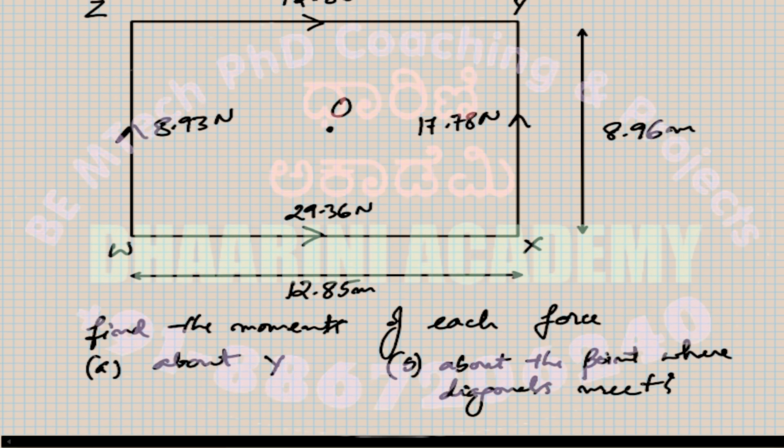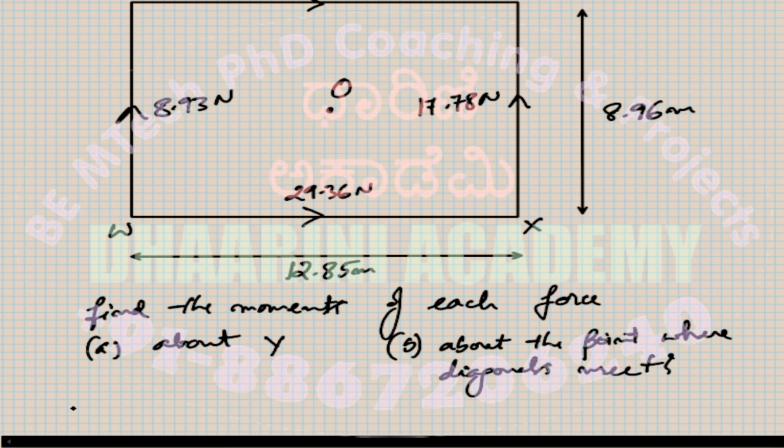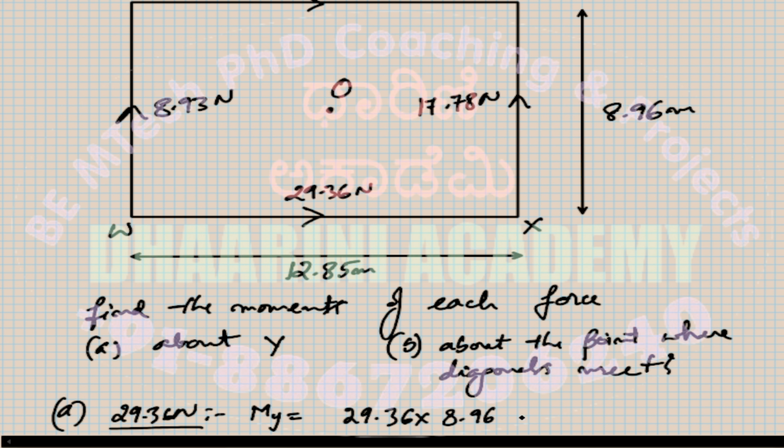So let's write, this is part A, and I'm writing for 29.36 Newton. For this force, the moment about Y is equal to 29.36 into the distance, and the shortest distance is 8.96, correct?